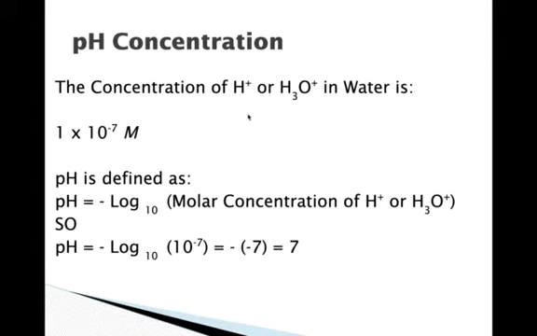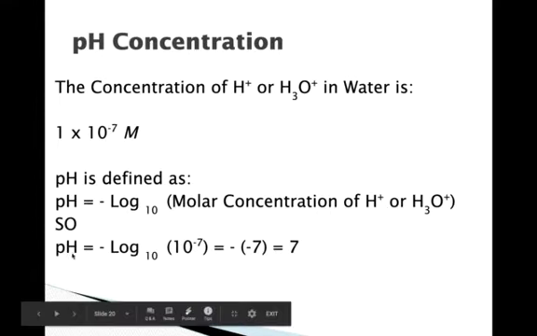So to give you an example, in water, the concentration of these positive ions is 1 times 10 to the negative 7th moles per liter. So that's the number we plug in here in our pH formula for the molar concentration. So we'd get the pH is equal to the negative log base 10 of 10 to the negative 7th.